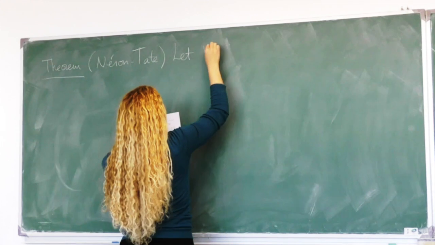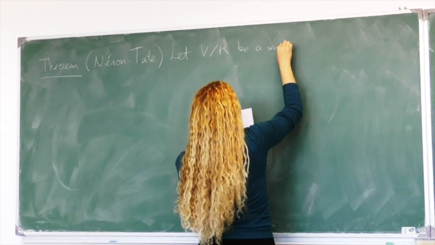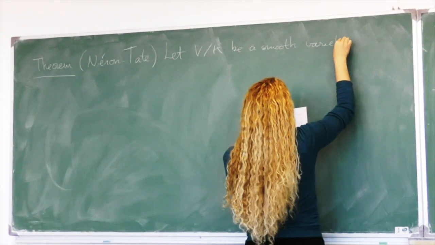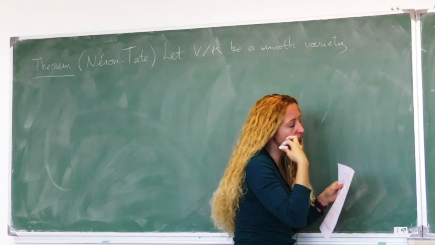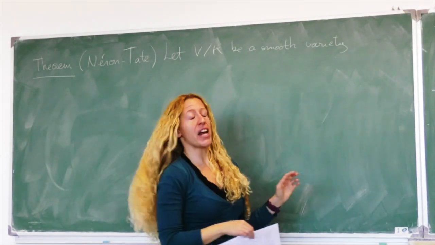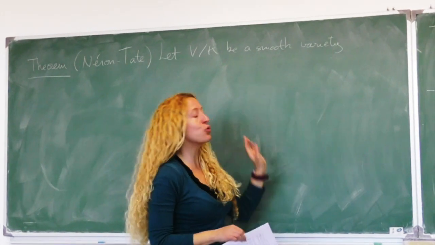So let V over K be a smooth variety. Well, of course, a projective variety, even if I'm not writing it. And of course, I'm talking about smooth varieties because it's easier to give all the definitions, and it's the case that we are going to use in practice.